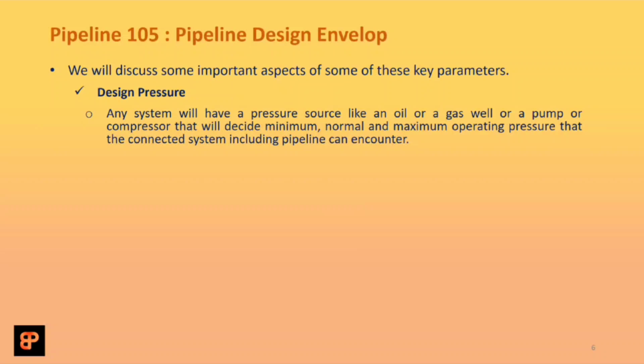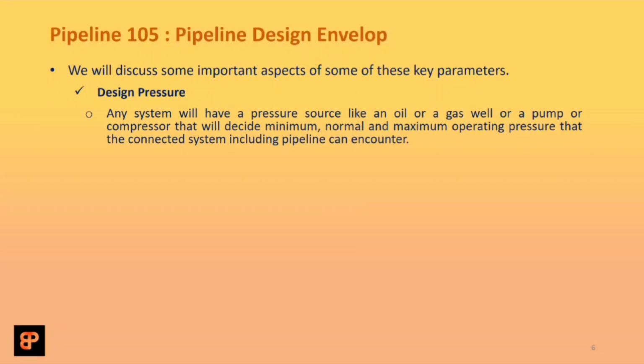The pressure source is going to be like reservoir pressure for an oil and gas well. If a facility is transporting the liquid from one end to the other, then it could be a pump or a compressor used so that the fluid can be transported, the pressure difference can be created to transport the required volume through the selected diameter of the pipeline.